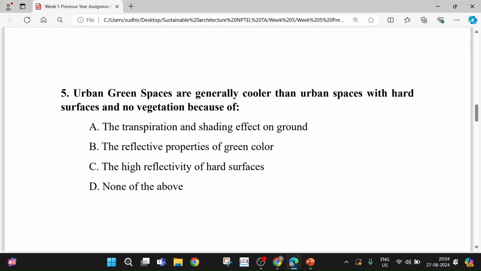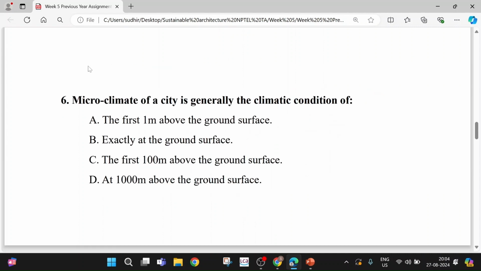Let's move to the next question, that is question number 6. Here is question number 6. Try to give an answer to this question also. Microclimate of a city is generally the climatic condition of.